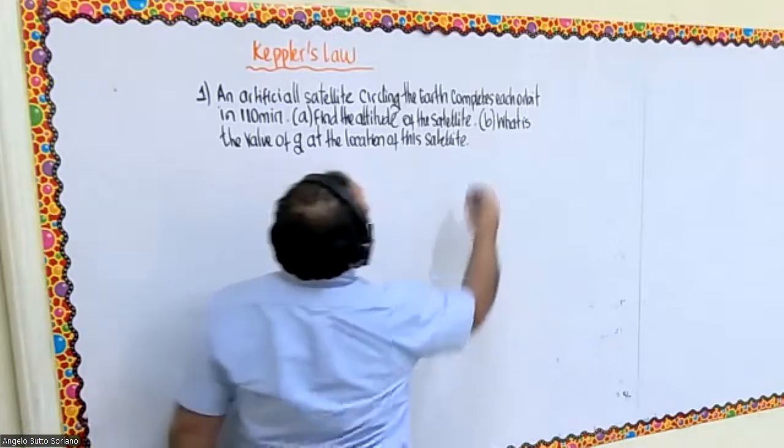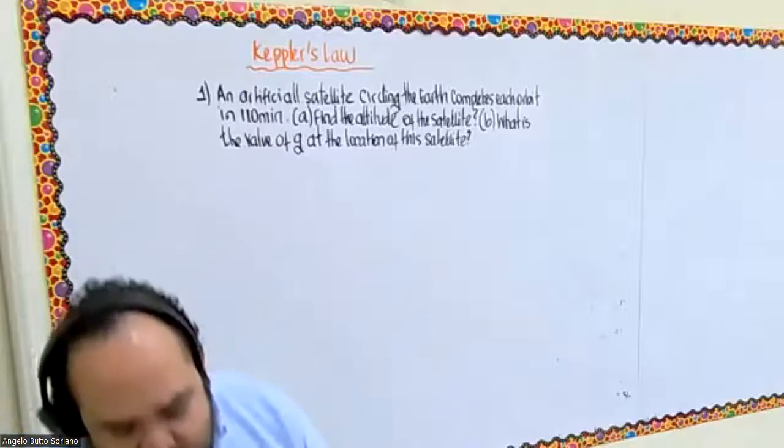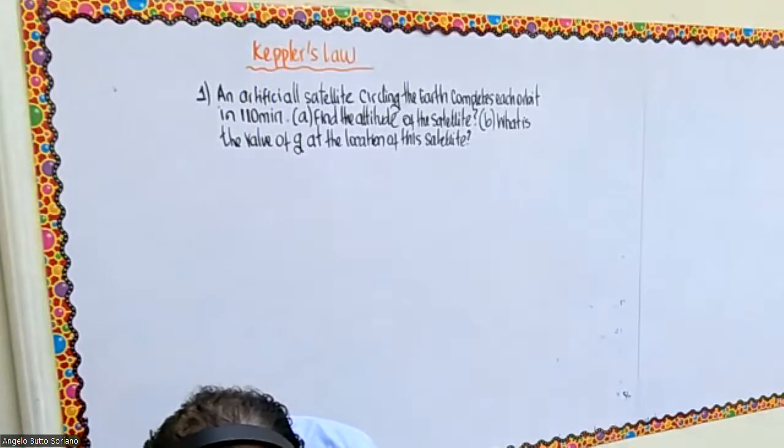This is going to be the second question. What is the altitude of the satellite and what will be the value of the gravity at this location?